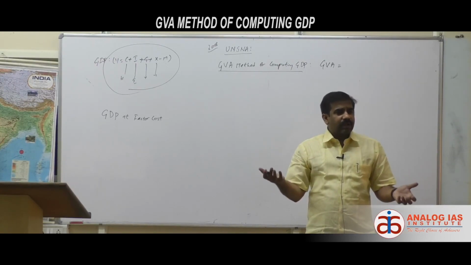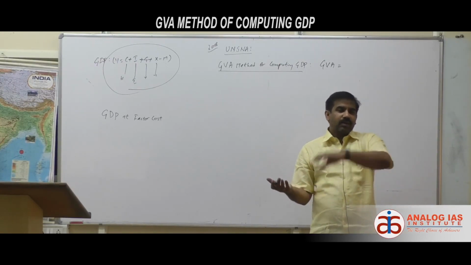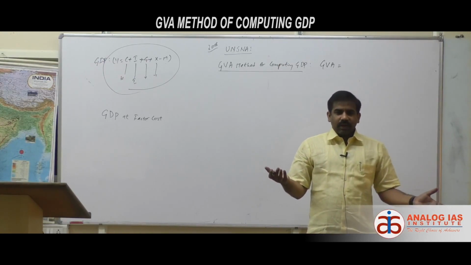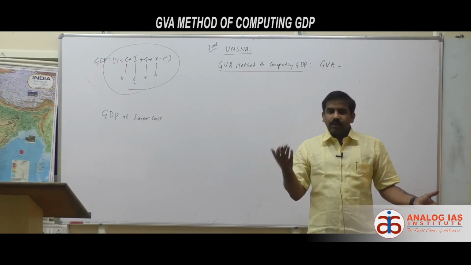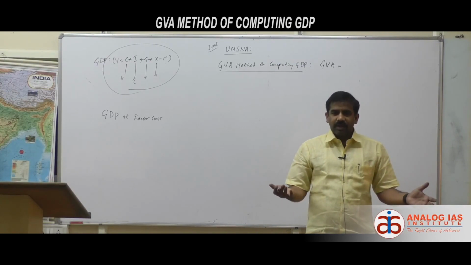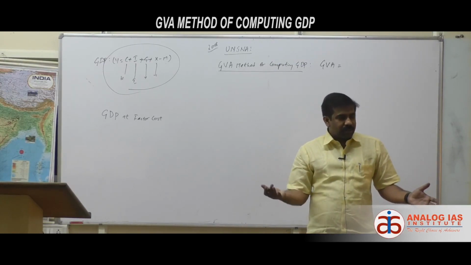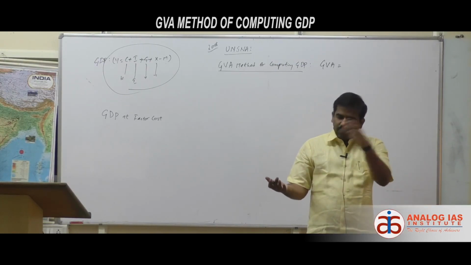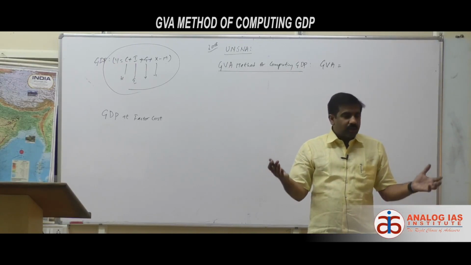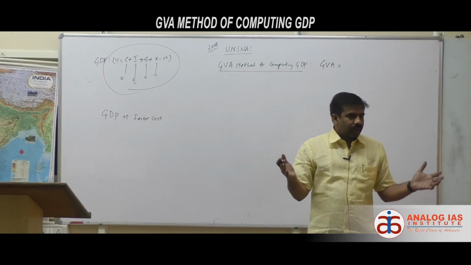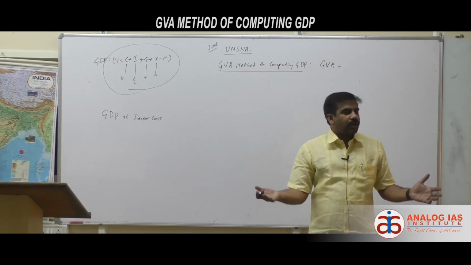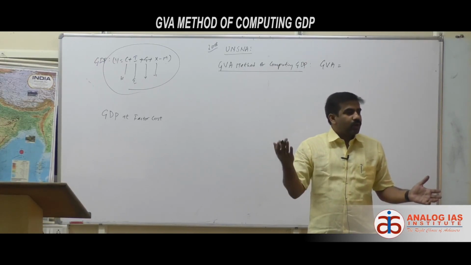I invest something, I process this barley and convert it into beer. The money, the resources, the labor I spent in converting barley, a raw material, into a finished product called beer is called value addition. I have added value to a raw material.